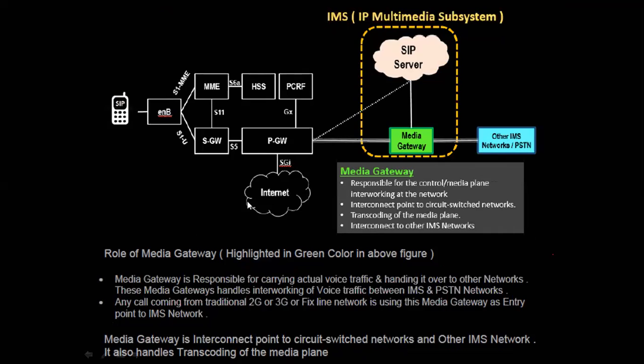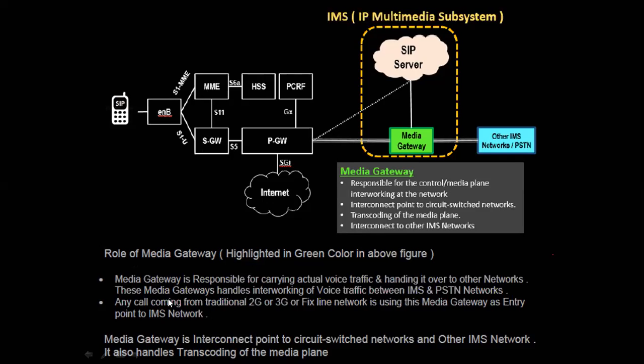The second main part is your media gateway, highlighted in green color. In the above figure, the media gateway is responsible for carrying actual voice traffic and handing it over to another network.